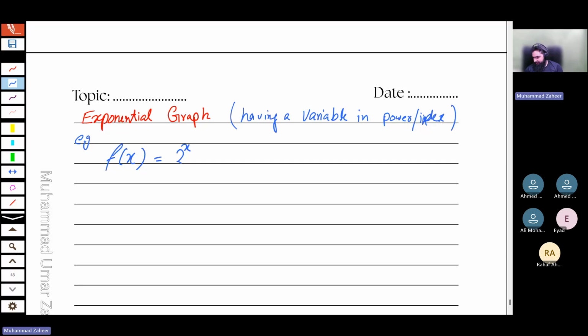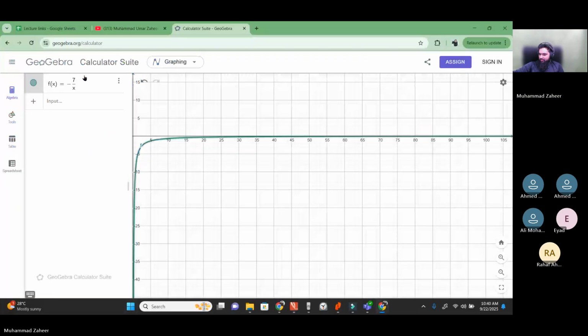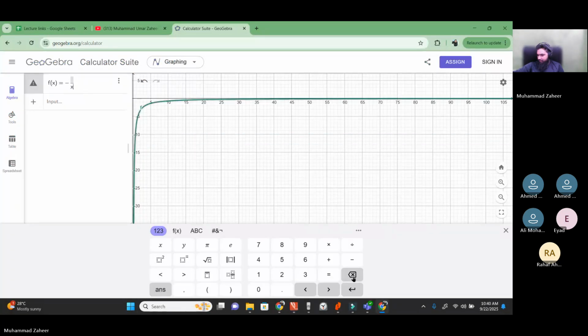So let's see how to check. For example, 2 raised to power x.